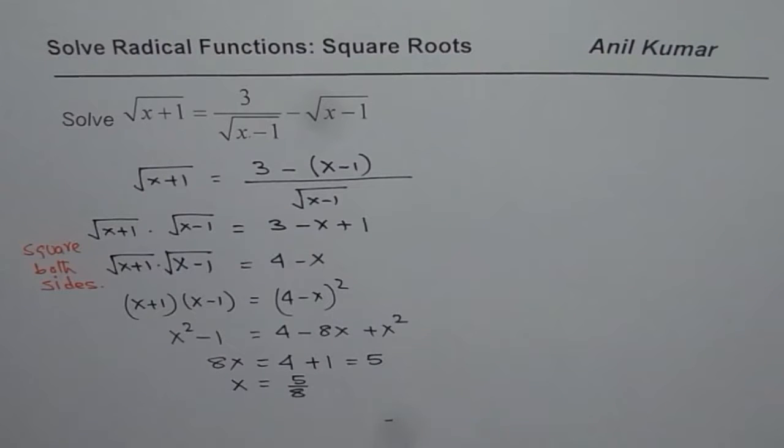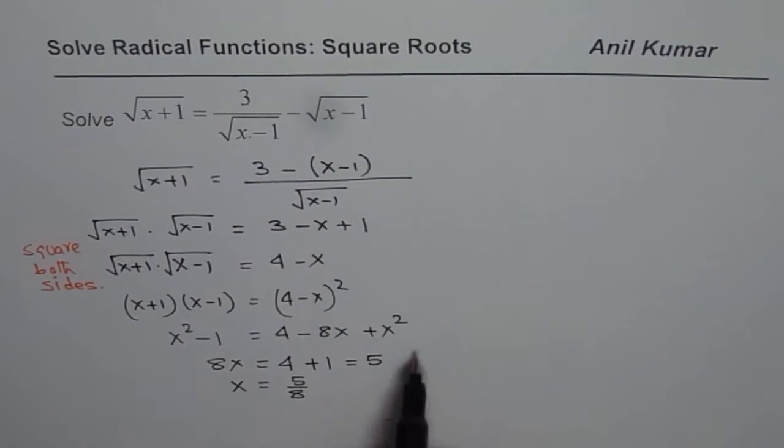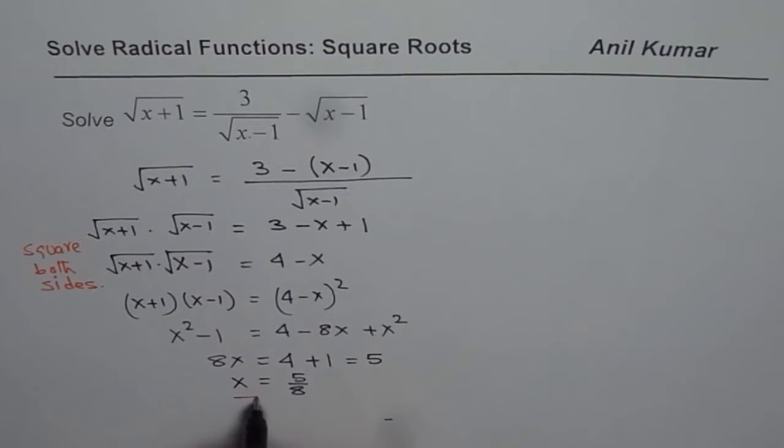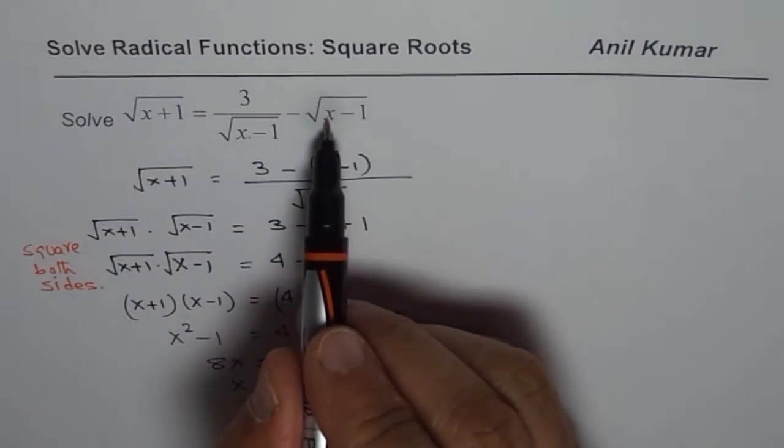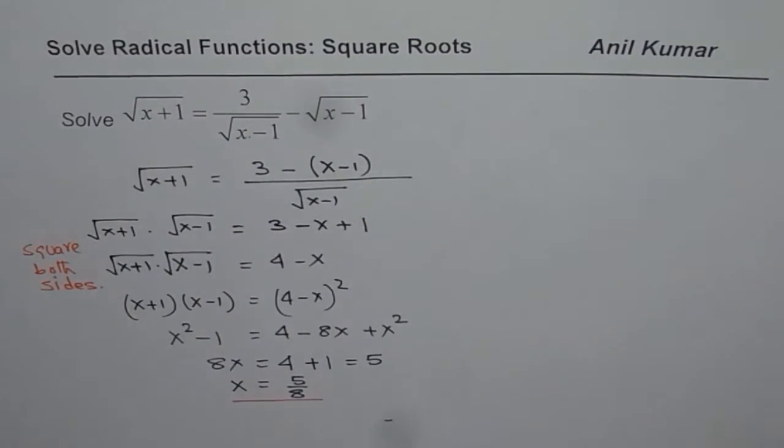Now, if I substitute this value of 5 over 8 in the particular equation, then what do I get? We need to check that part. Is it a valid solution or not, right? So algebraically, we have found a solution, that is x is 5 over 8. Now here, square root of x minus 1, let's analyze that.